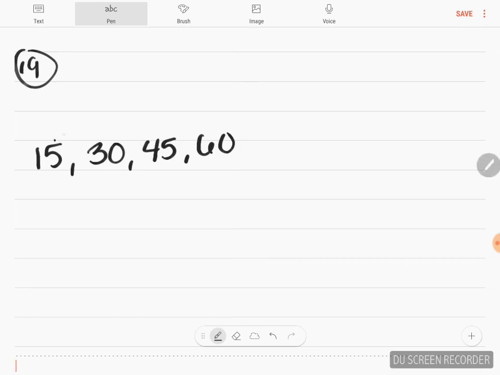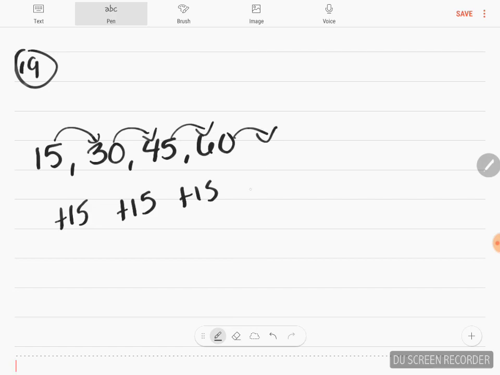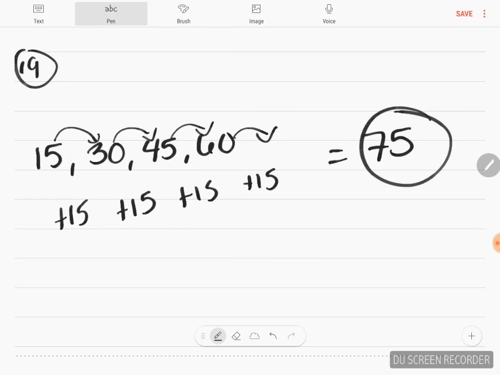If we go from 15 to 30, that is a plus 15. We go from 30 to 45, that is another plus 15. 45 to 60, that is a plus 15. So for the missing one, let's just say plus 15, which is 75.